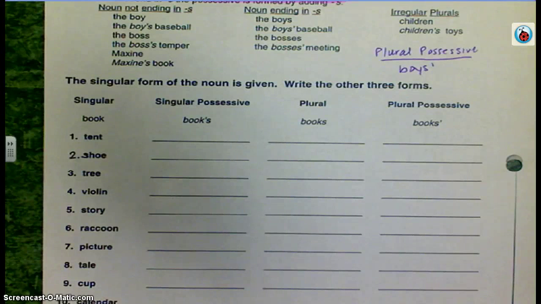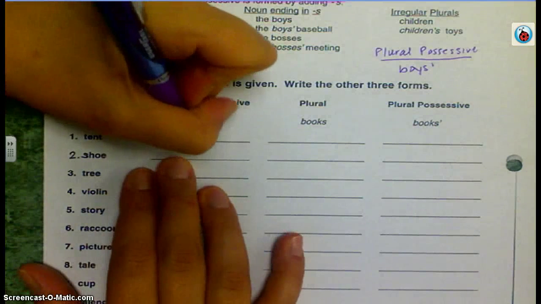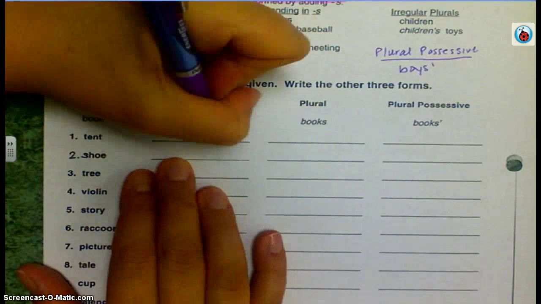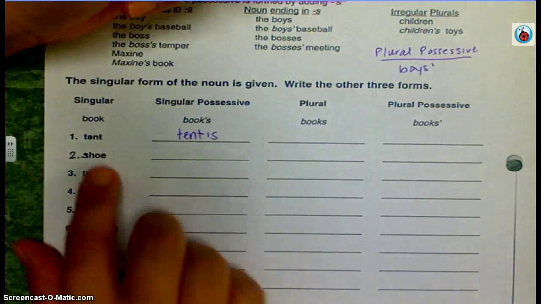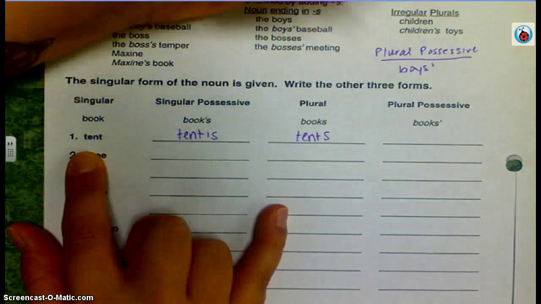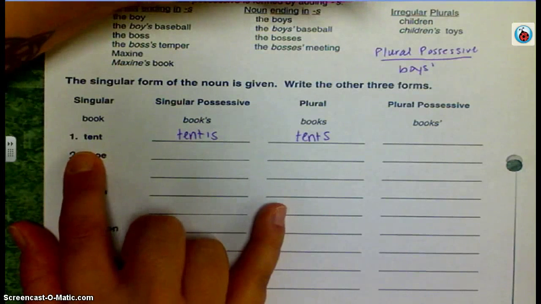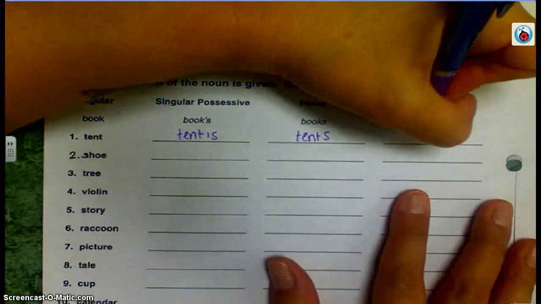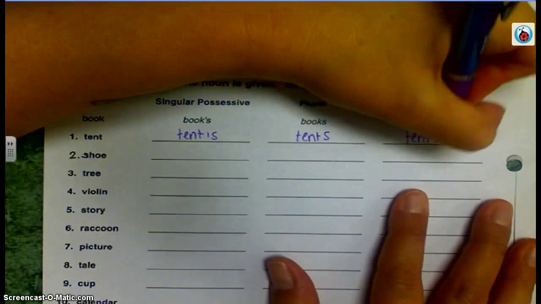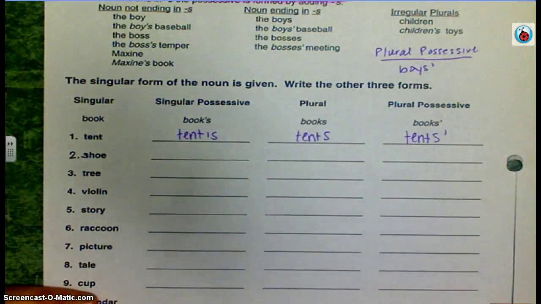Number 1 says tent. So there's the singular possessive of tent. The plural form of tent is tents, like we go camping and we bring lots of tents with us. And then the plural possessive would be tents, but with that apostrophe, so we know what it is.